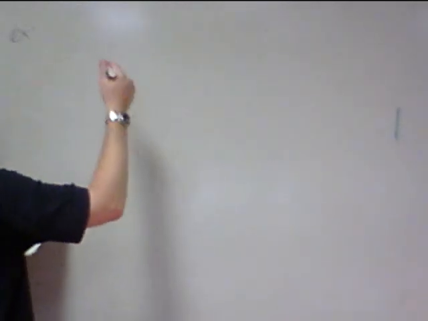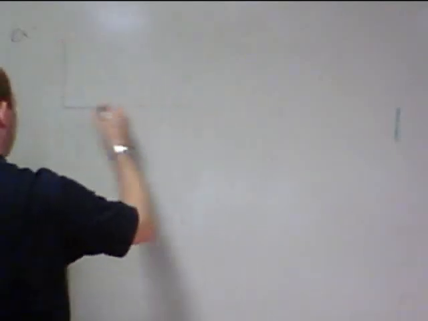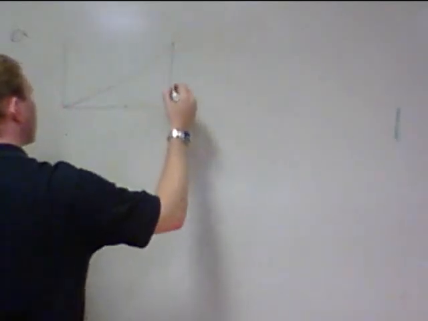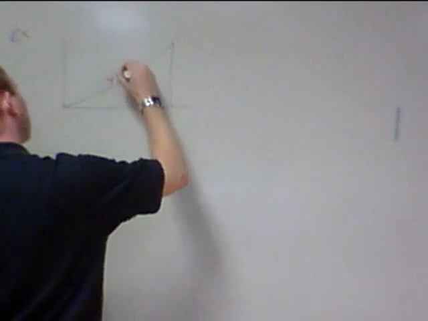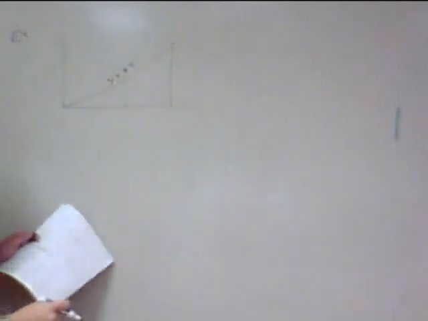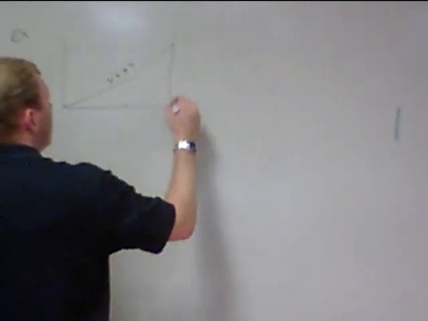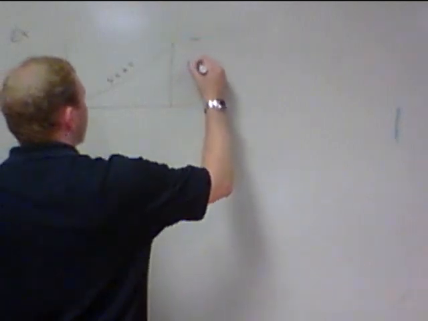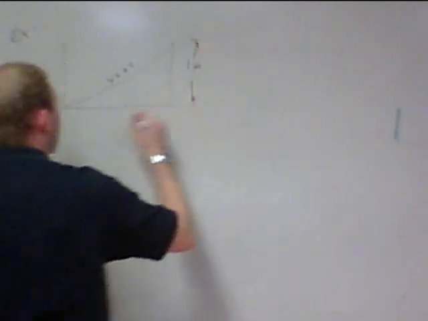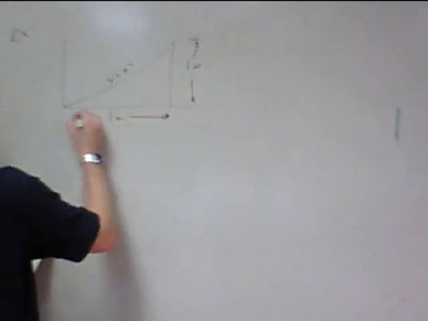Okay, taking a look at this, a very simple parabolic shape. This curve follows the shape y equals x squared. And we're going to say it's 1 meter tall and 1 meter wide.